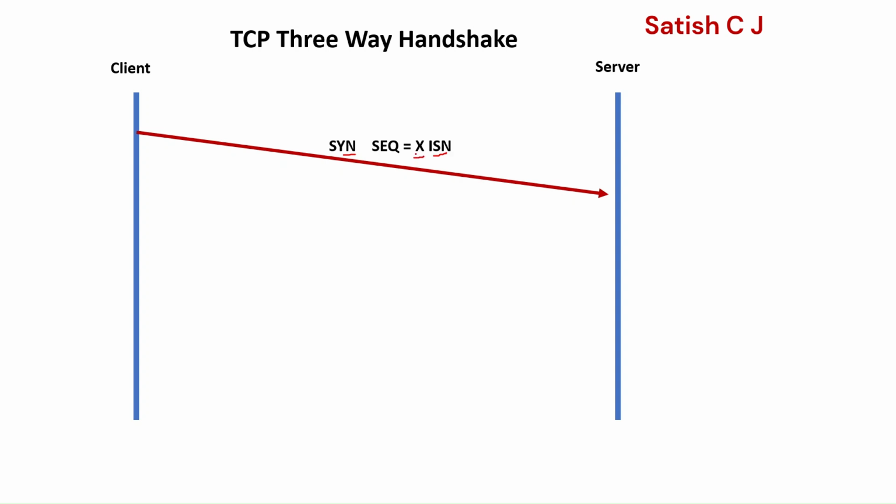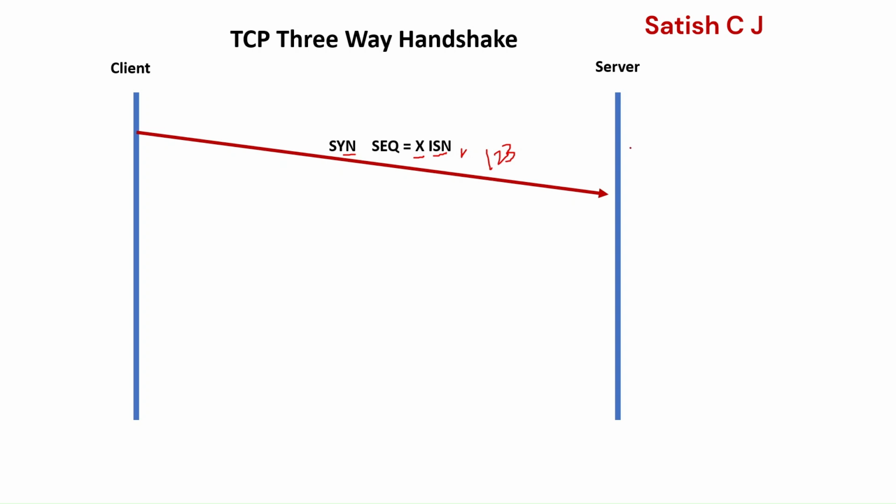For example, let me give that number for demonstration purposes. Let me say the number is 123. Just for the demo purposes, we'll take it as 123. This packet is first sent to the server.